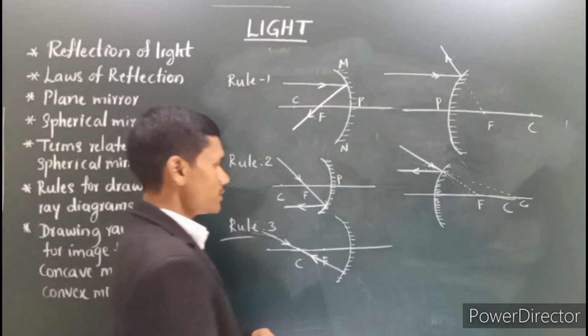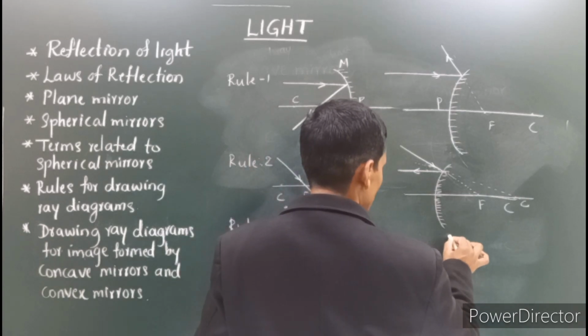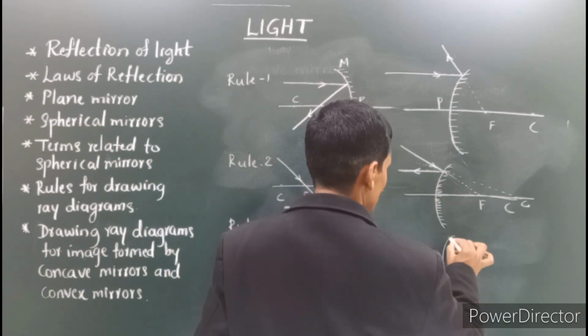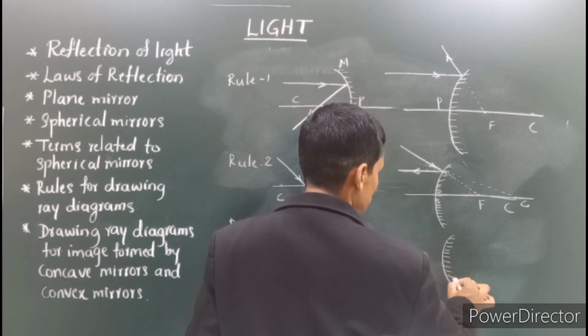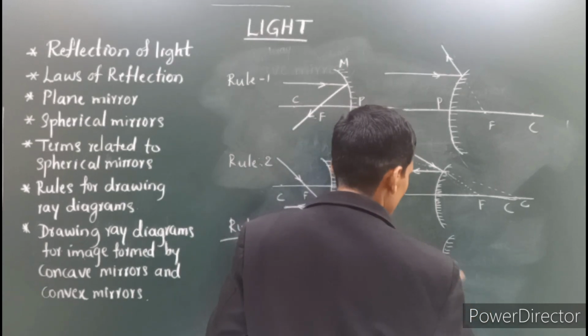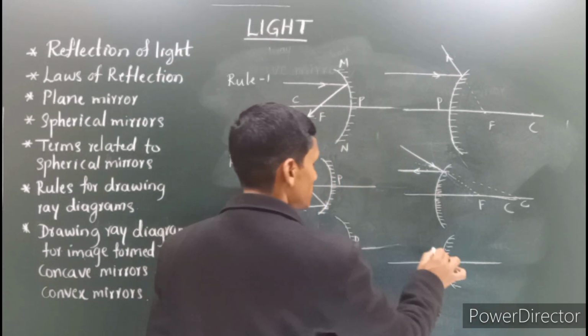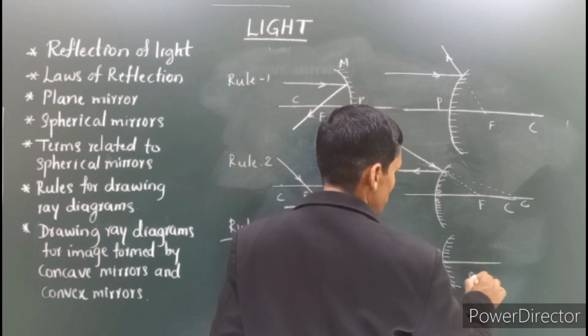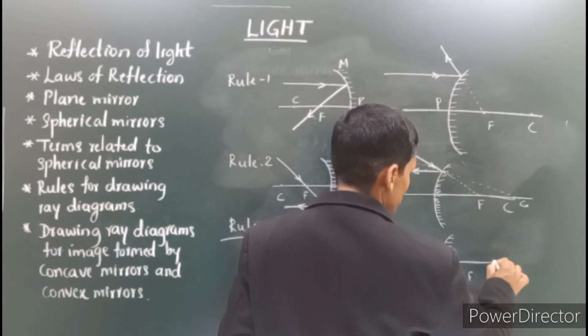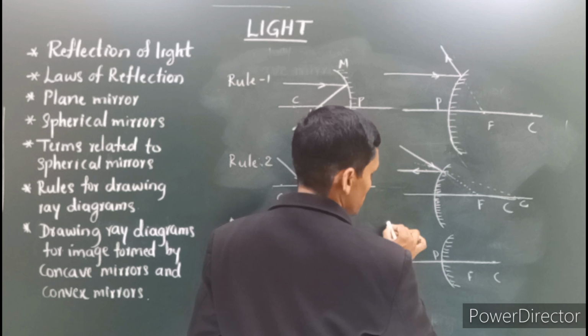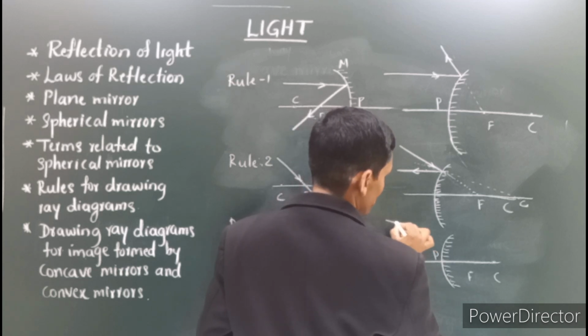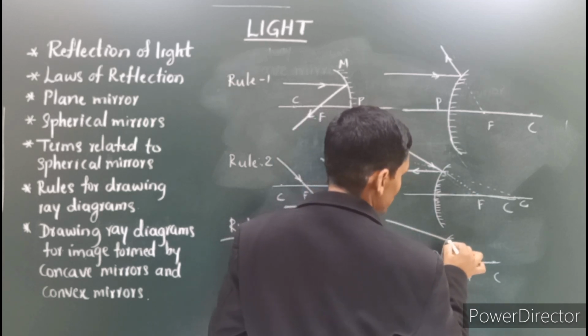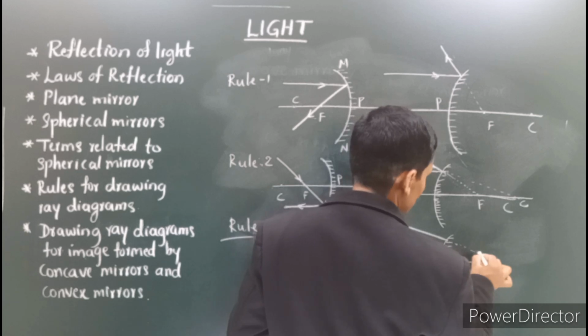What happens in case of a convex mirror then? That also we need to study here. This is the pole, okay. This is the principal focus, this is the center of curvature. Now you see, a ray which is appearing to be passing through the center of curvature.